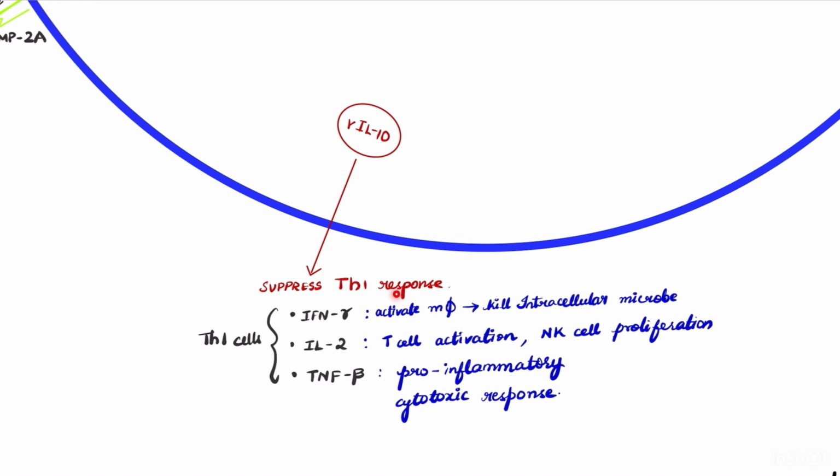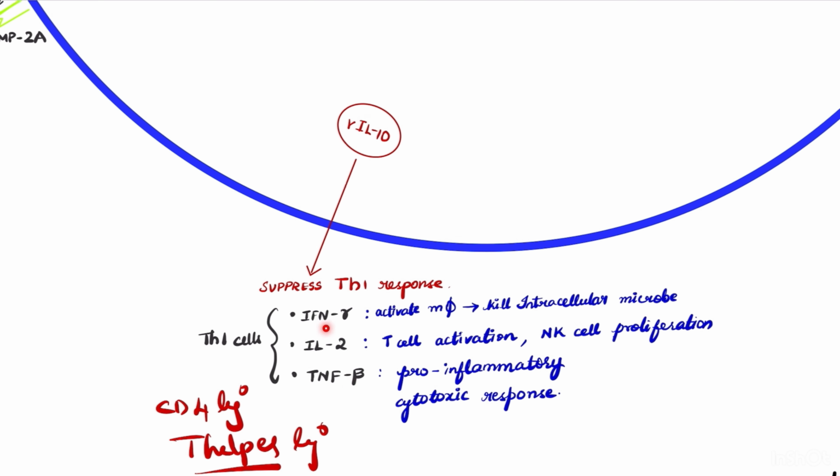the normal Th1 response. Th1 cells are the CD4 T helper lymphocytes. The normal function of the Th1 cells is to produce interferon gamma, interleukin 2, TNF beta, tumor necrosis factor beta.